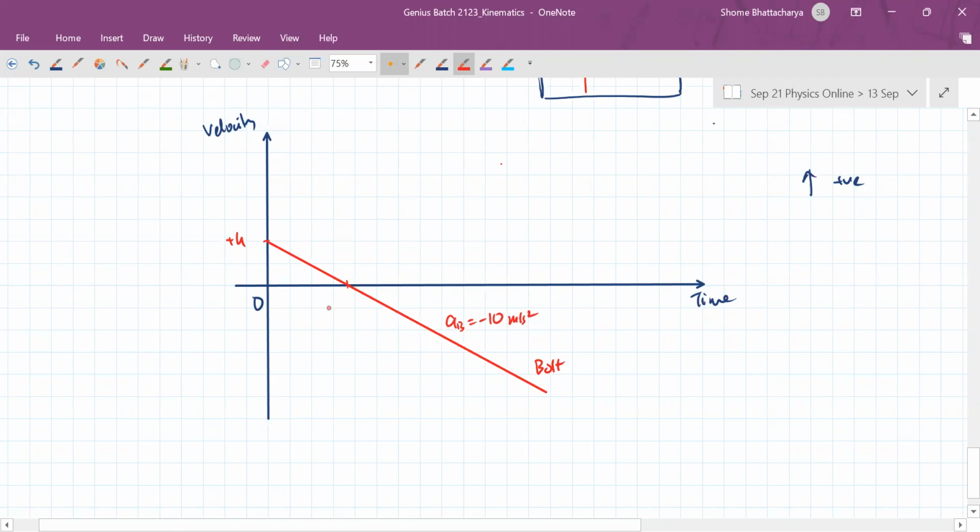So at 0.4 seconds it reaches zero, and so 1 second is here. So at 1 second, the velocity would have become minus 6, right?